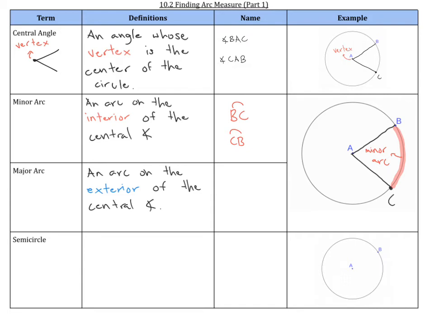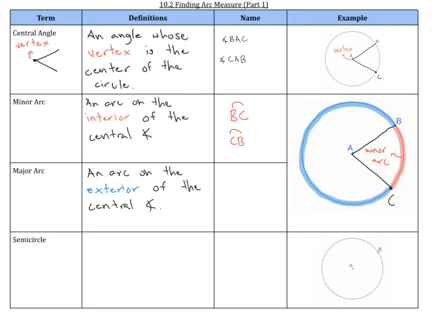All right, and of course the exterior of the angle is quite literally the area or the part that is outside of the angle. So any parts of the circle that lie on the outside of the central angle is considered the major arc.